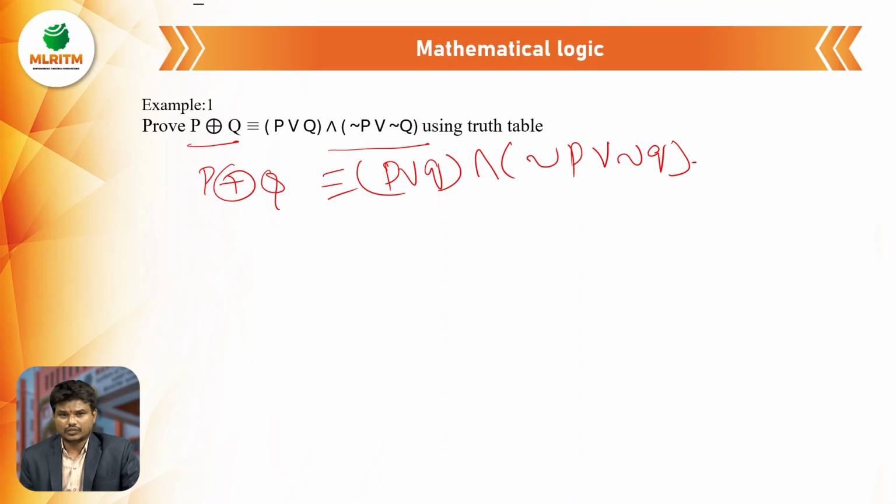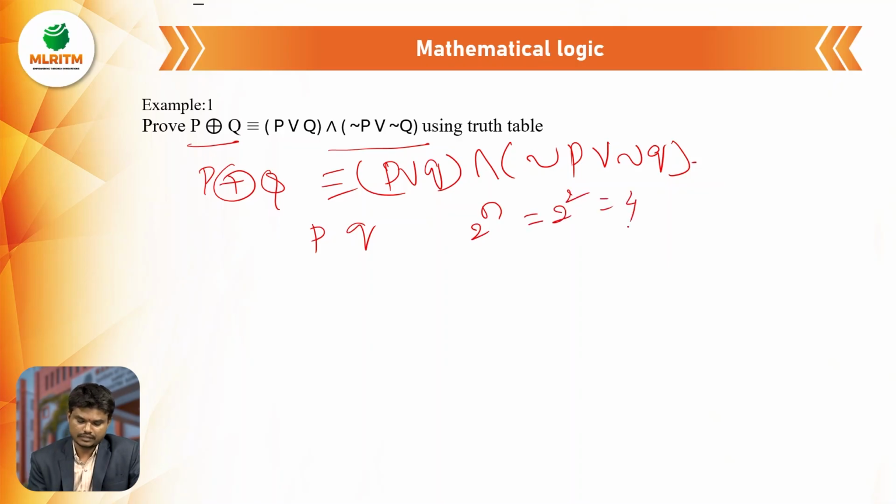So we should know about that. First we consider, let P and Q are two statements, two propositions. So here what are the truth values for two variables? There are 2 power n cases, that is 2 power 2 equal to 4 cases. So true, true, false, false, true, false, true, false.